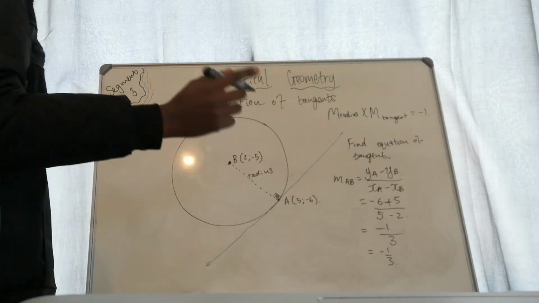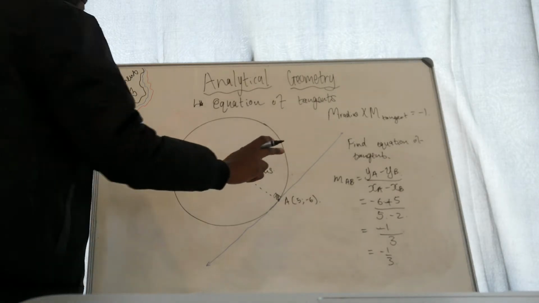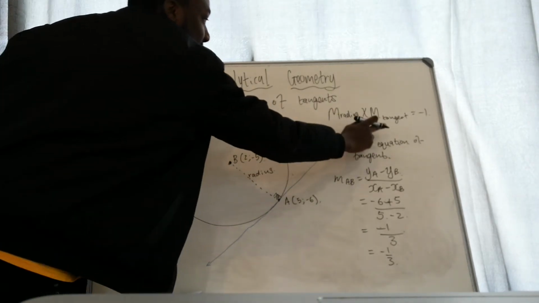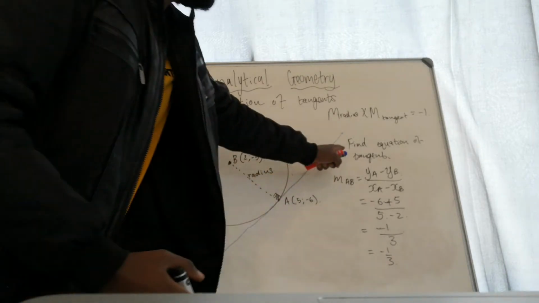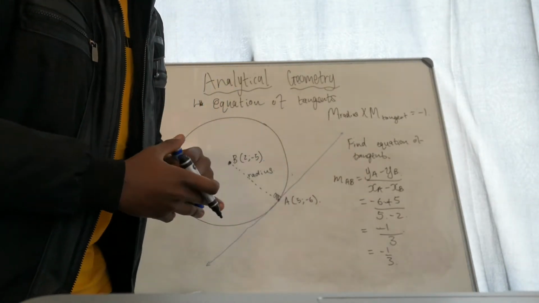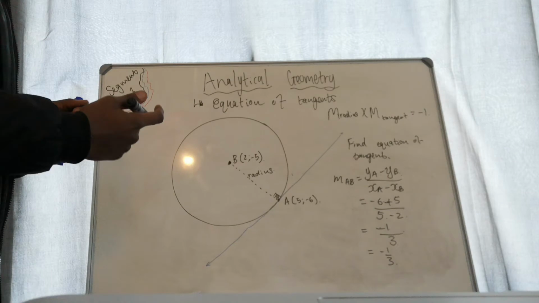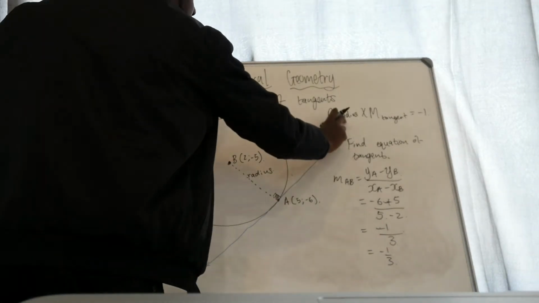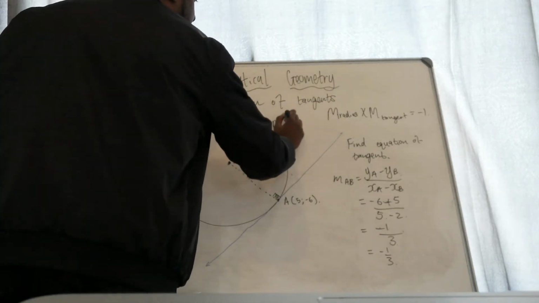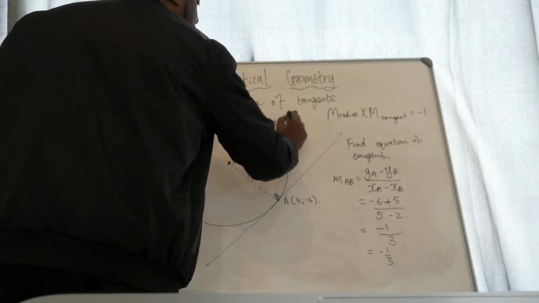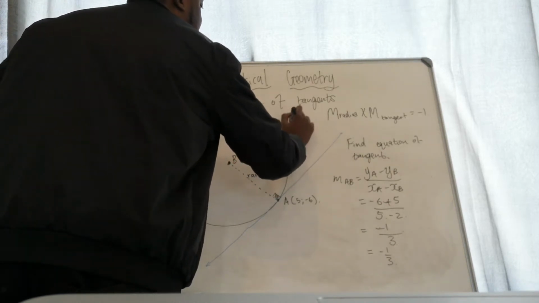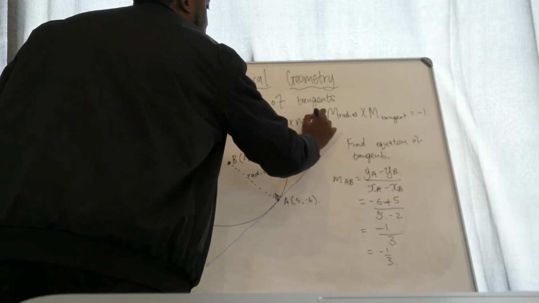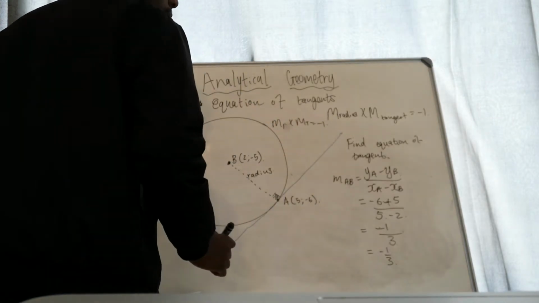And now I need to find the gradient of the tangent, because what are we finding in this whole question? We're trying to find the equation of the tangent. So I need the gradient of the tangent, and I'm going to use this formula up here. So m of the radius times m of the tangent is equal to negative 1.